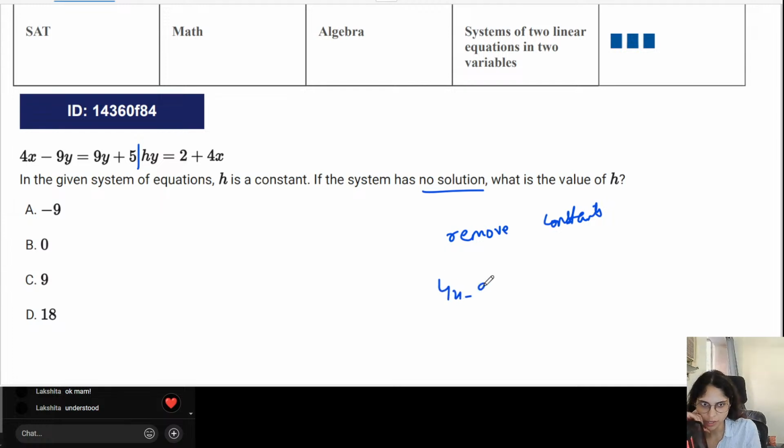You have 4x minus 9y is equal to 9y. hy is equal to 4x. So from here, 4x is 9y plus 9y because you're adding 9y on both sides. 9 plus 9 is 18y. And 4x is equal to hy, so h is going to be 18.